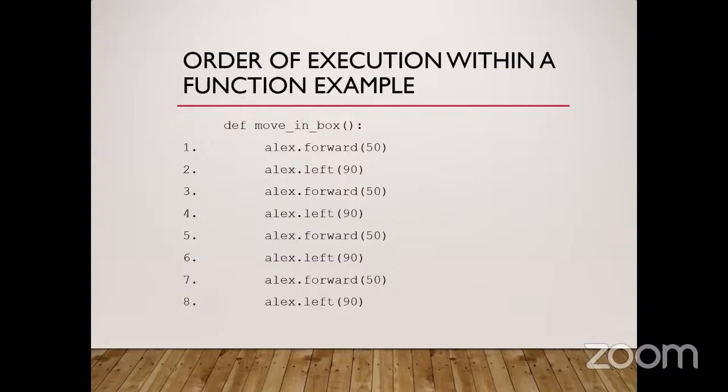All right, so this then is going to have Alex go forward, left, forward, left, forward, left, forward, left in that order. This function is not really a usable function, not reusable, because it's very specific, of a very specific size. So it works for the use it was written for, but it wouldn't work later.